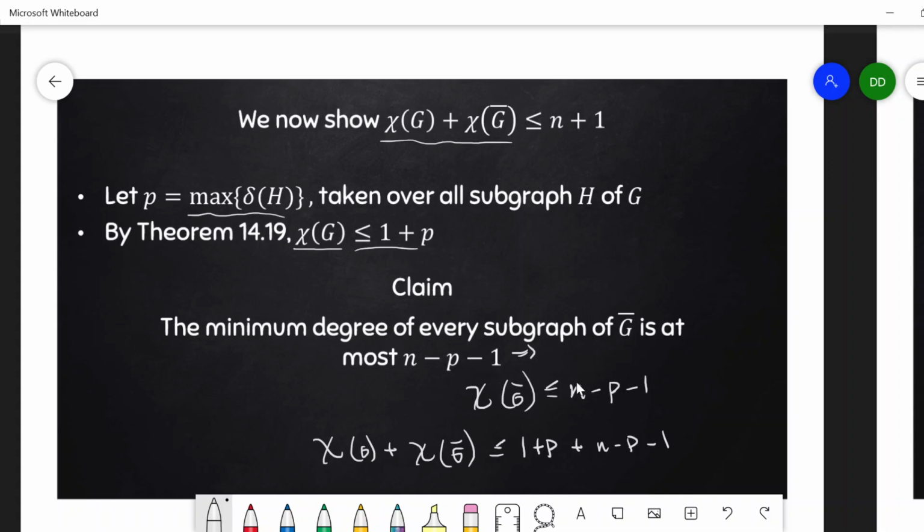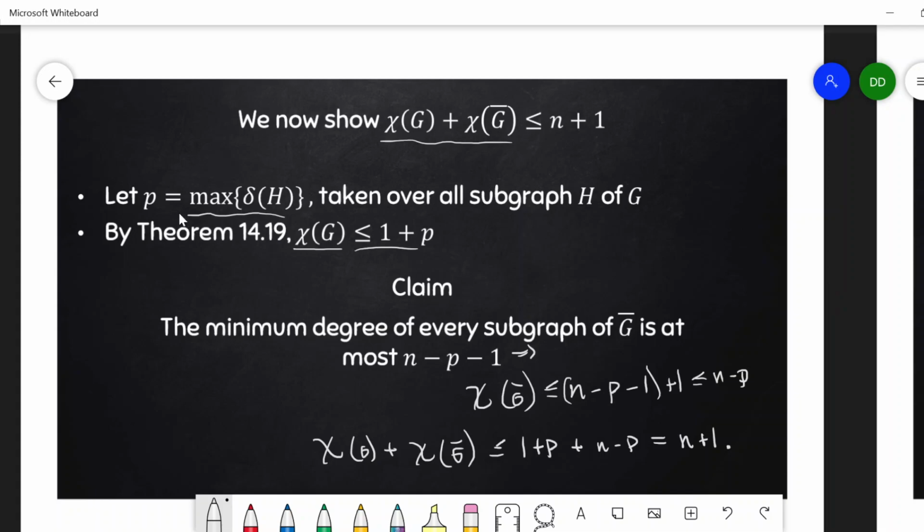So it follows that the chromatic number of G complement is this plus 1, and so that's n minus P. And then that's 1 plus P plus n minus P. That gives me the upper bound of n plus 1. So that's what we're going for.